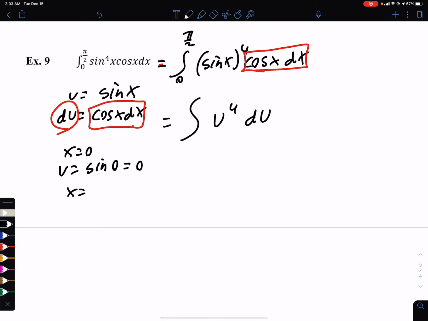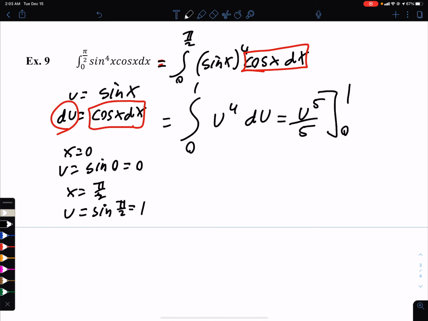When x is pi over 2, u is sine pi over 2, and we all know it's 1 because we know our unit circle. So it becomes 0 and 1 instead. Man, this is a sweet problem because it works out nicely. The antiderivative, I add 1 to the exponent, divide by that from 0 to 1. I plug in 1 first, then I plug in 0, and I subtract those, and my answer is 1/5.